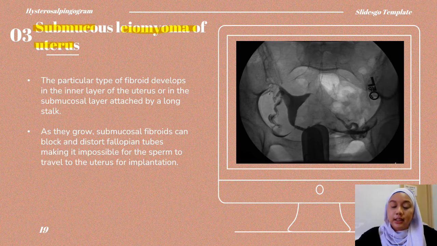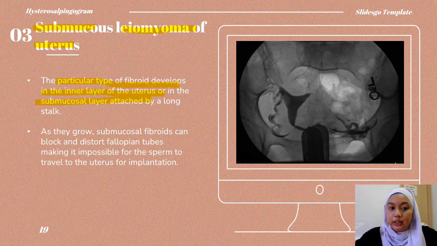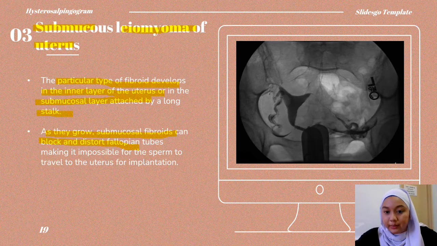This is a particular type of fibroid that develops in the inner layer of the uterus, or in the submucosal layer, attached by a long stalk. As they grow, the submucous fibroids can block and distort the fallopian tubes, making it impossible for the sperm to travel into the uterus for implantation.